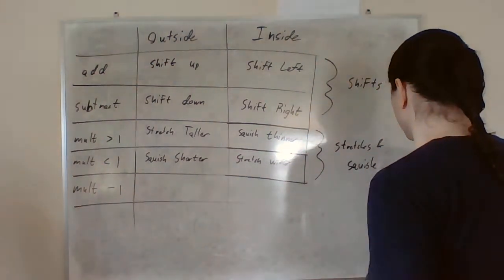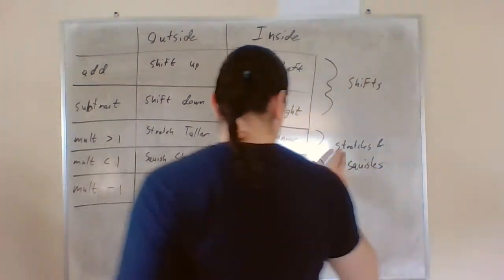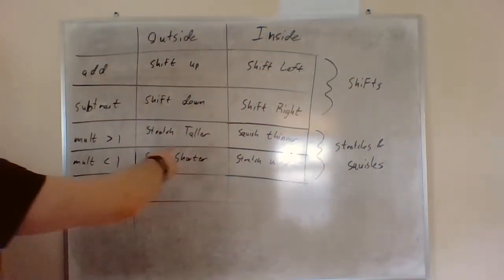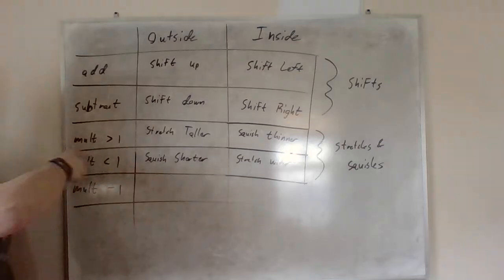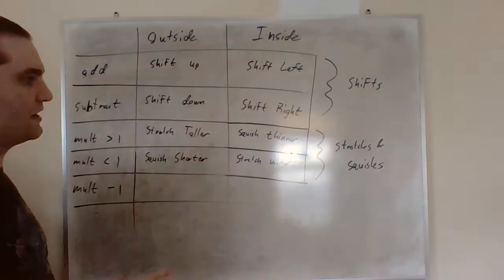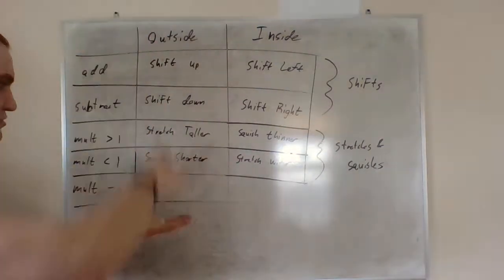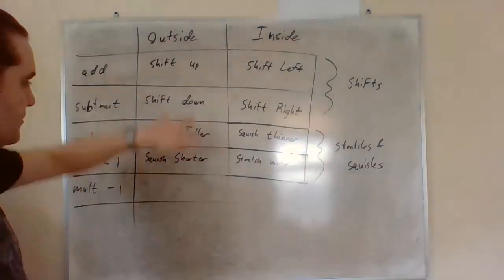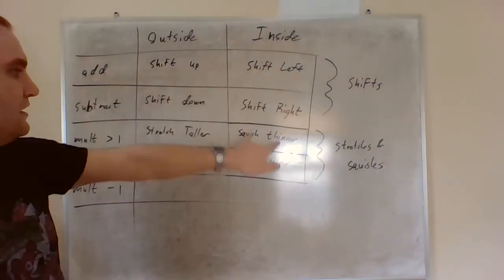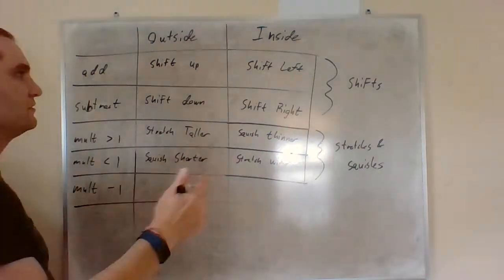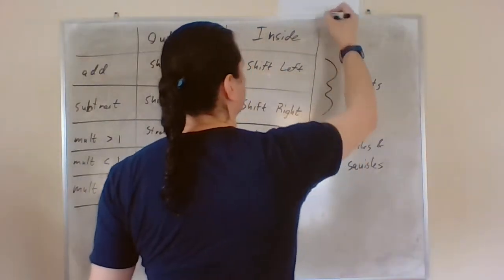Not squisher, squishes. These are the stretches and squishes, and that's all of your multiplying by numbers. You multiply by a number that stretches and squishes. On the outside, you're going to make it taller or shorter, because outside is the vertical column. On the inside, you're going to make it thinner or wider, sort of backwards from how you would expect.